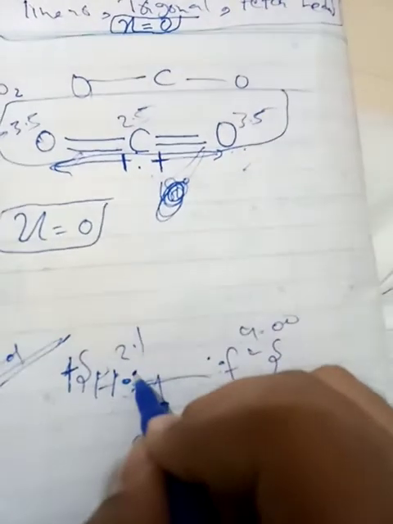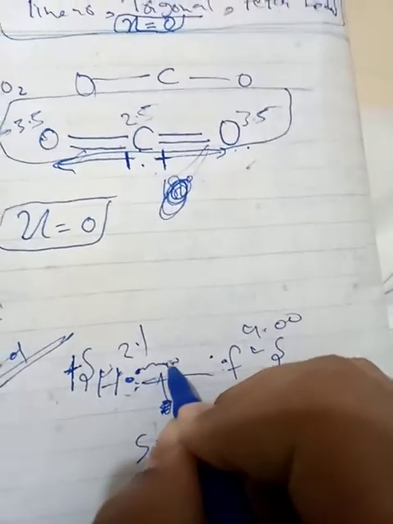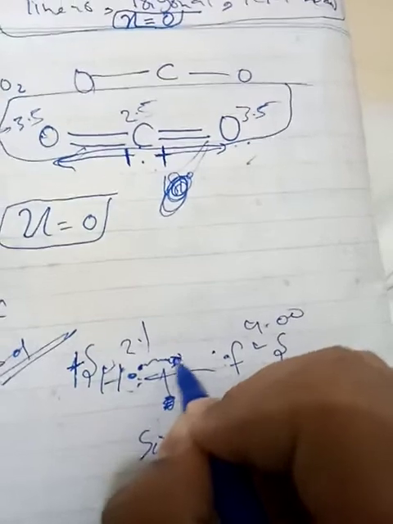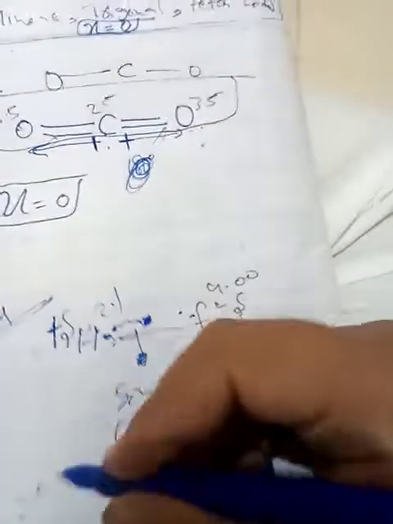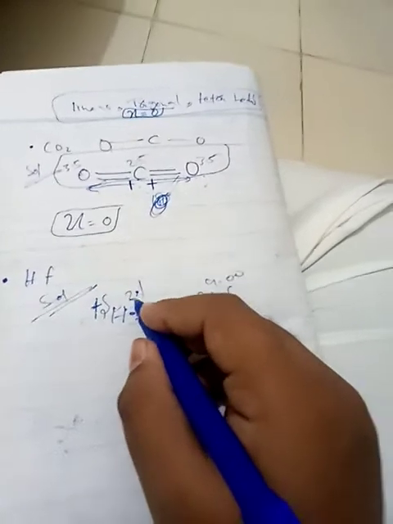So fluorine will try to snatch this electron, but will not be completely successful, because hydrogen has 2.1. That depends on the hydrogen, okay, that's another topic, we'll see it in another video.